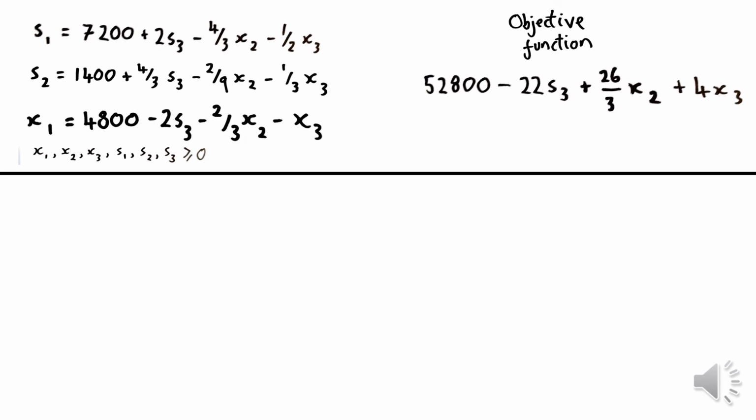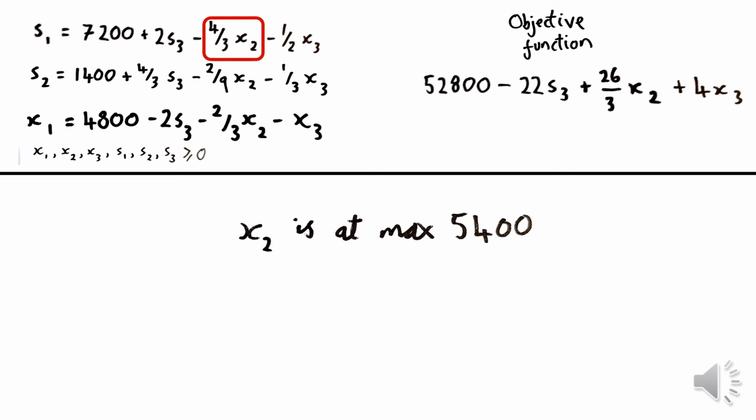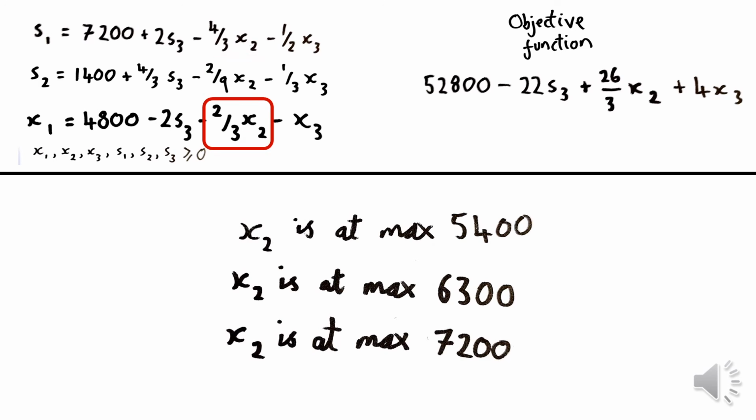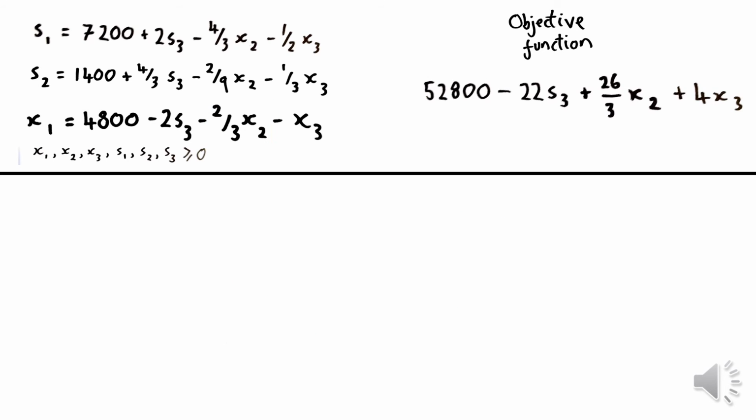This time, we'll choose x2 as our entering variable. In the first constraint, it's at most 5,400. In the second, 6,300, and in the last, it's at most 7,200. The first constraint is the tightest, so we'll pivot again, this time with S1 as the leaving variable. First, we swap the entering and leaving variables.